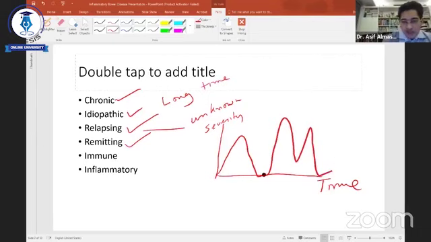Remitting means it fluctuates, the severity goes down, again increases. Relapsing means it is cured and then sometimes later the disease comes back.